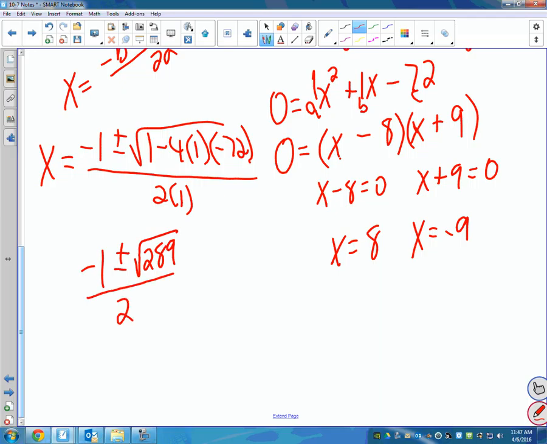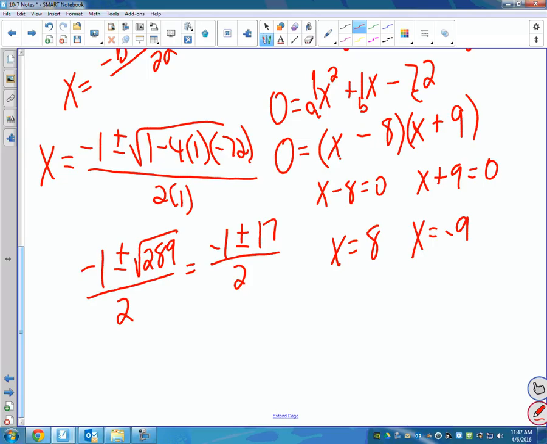If this was a decimal answer, you have to do the quadratic formula. So that's why some people just always do the quadratic formula, because factoring only works if they're nice answers. This one's really nice because the square root of 289, I believe, is 17. Is that true? Yeah. But then you have to remember what that plus or minus means. It means there's 2 answers.